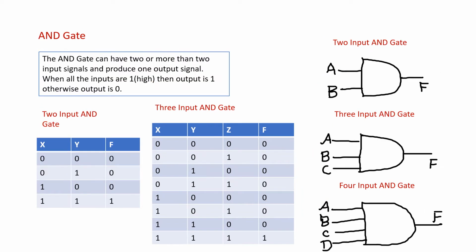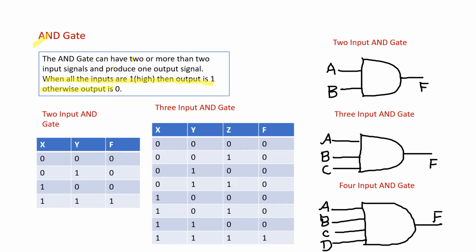Now let us look at the AND gate. The AND gate also takes 2 or more input signals and it produces one output signal. And we can see that when all the input signals are 1 or high, then the output is 1 or high, otherwise the output is 0.